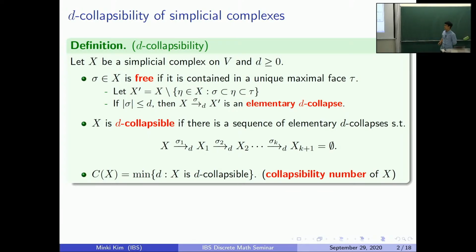We call X d-collapsible if there is a sequence of elementary d-collapses to delete everything from the complex. So at the end, we will have a void complex, which is a complex on the empty set. So there's nothing.